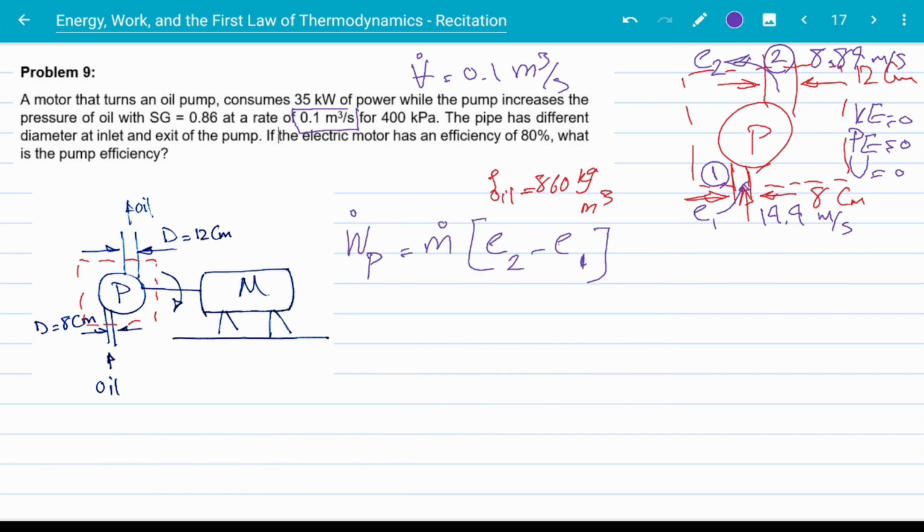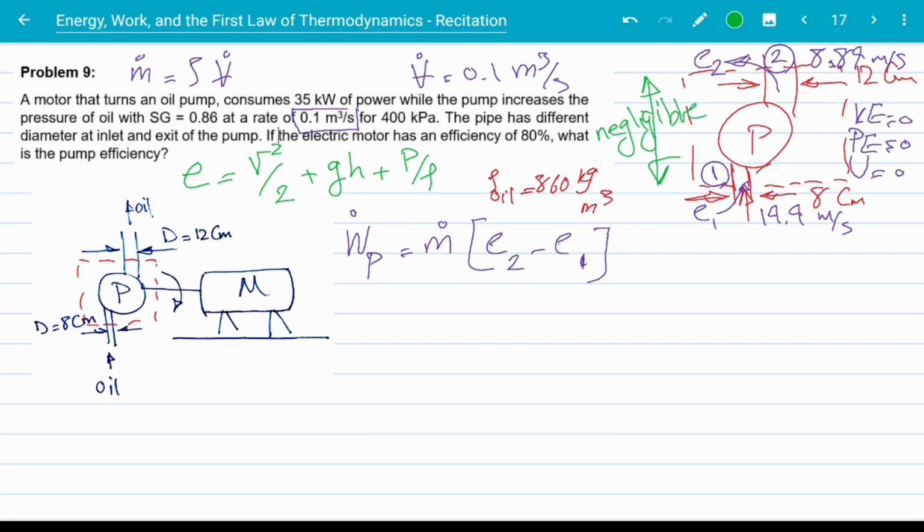Now mass flow rate, we already know it is density times volumetric flow rate. We have both. The mechanical energy of a moving fluid is its kinetic energy plus its potential energy plus the pressure over density. Now, for a problem like this, the potential energy difference between the exit and the inlet is negligible. So we can drop this term, and we are left with the kinetic and the pressure terms.